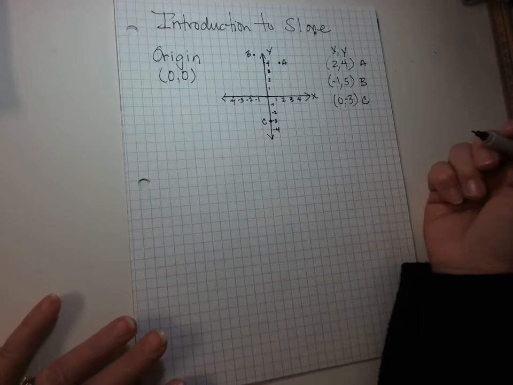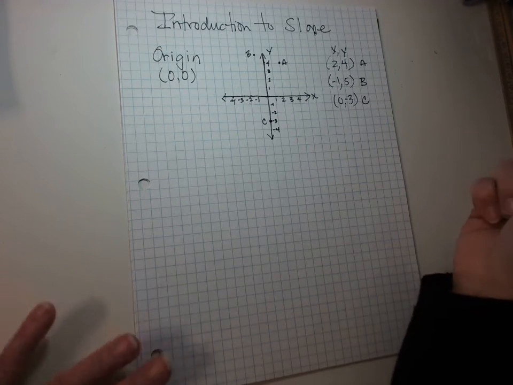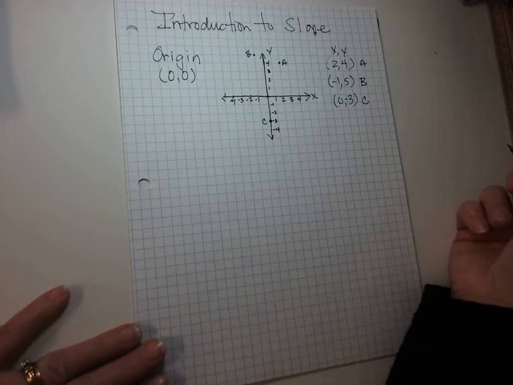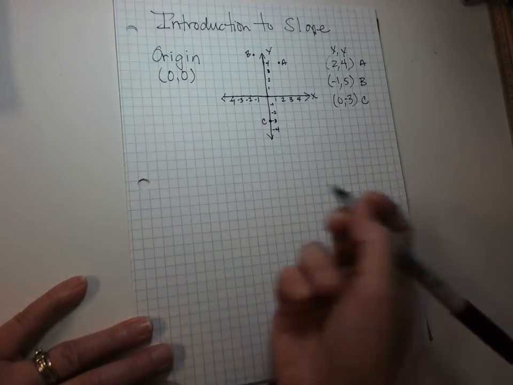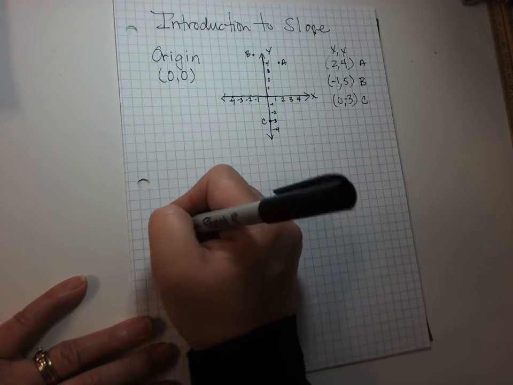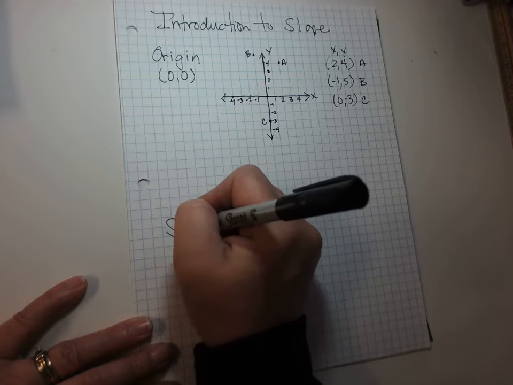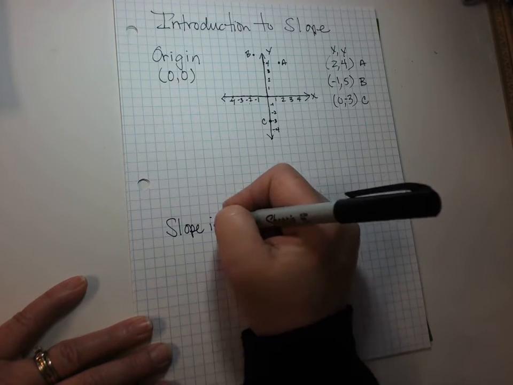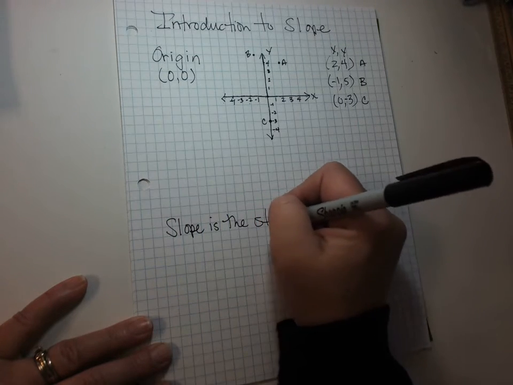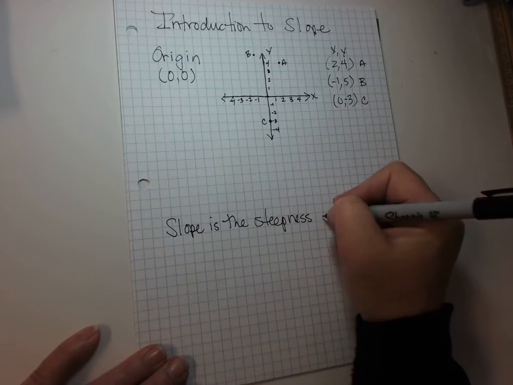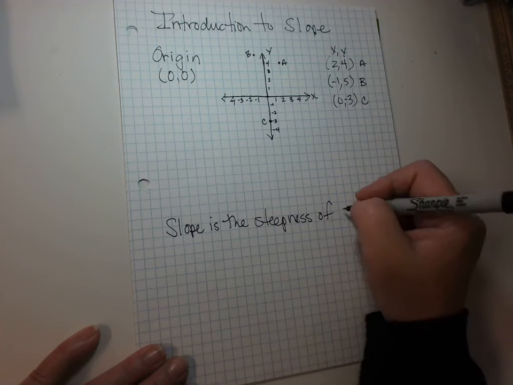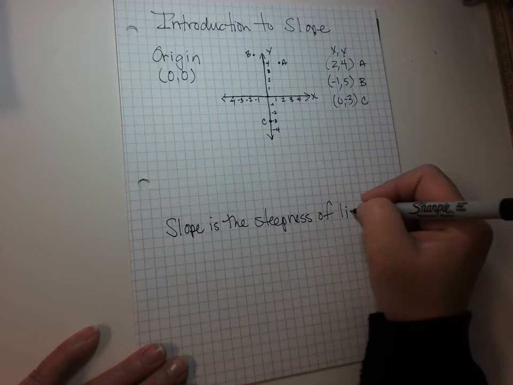Okay, so that's just our graphing reminder to get us in the right frame of mind. Now, let's talk about slope. What is slope? Well, we need to know that slope is the steepness of, right now we're going to say, the steepness of a line.